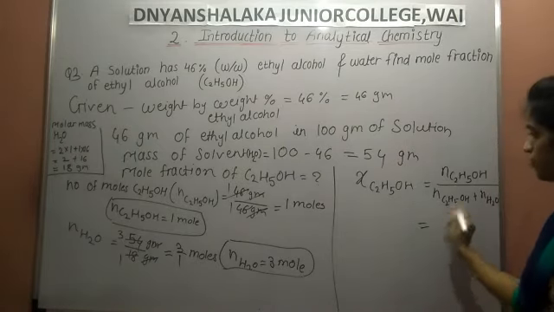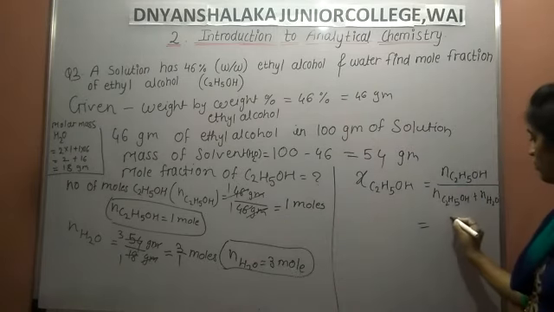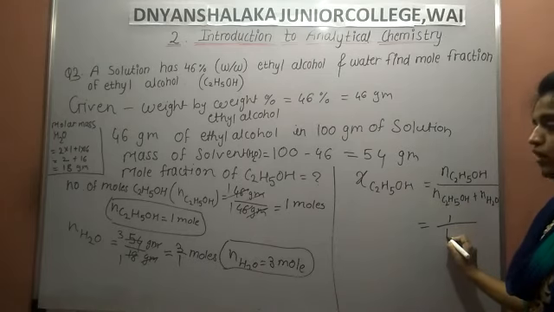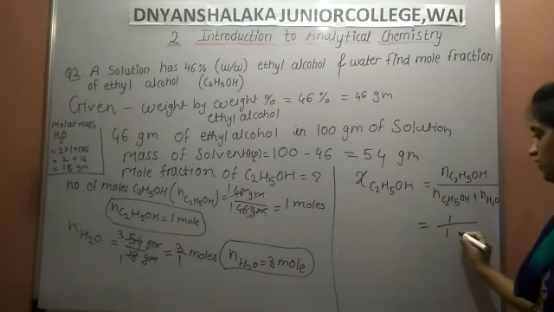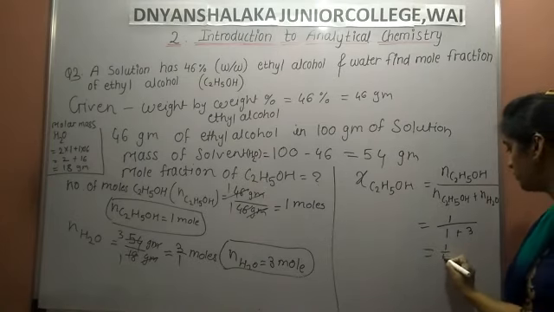The number of moles of ethyl alcohol we calculated is 1 mole, and the number of moles of water we get is 3. So we get 1 upon 1 plus 3, which means 4.